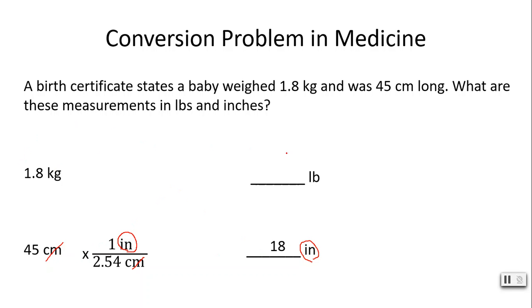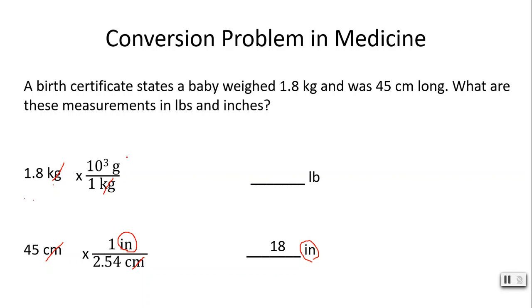What about this kilograms to pounds? Well, I know that for every 1 kilogram, there are 10 to the 3 grams. That was from the SI prefix table that was in the previous video. And I've written that here so I can see my kilogram units cancel.